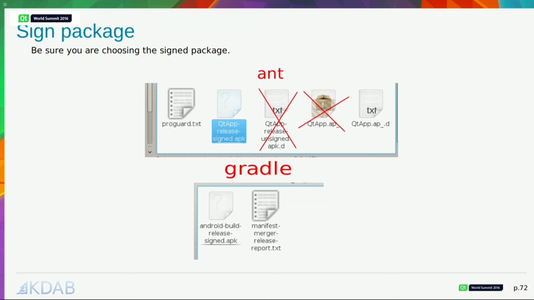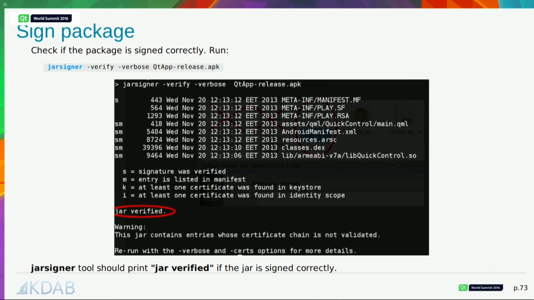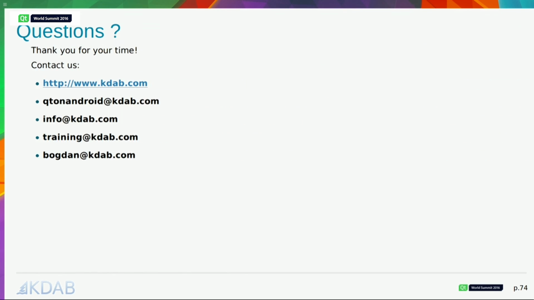And after you have the package, if you want to double check if it's really verified, you can use the jarsigner tool to check it. And if you see this sign, then the package is really signed and you are ready to ship it to your customers.